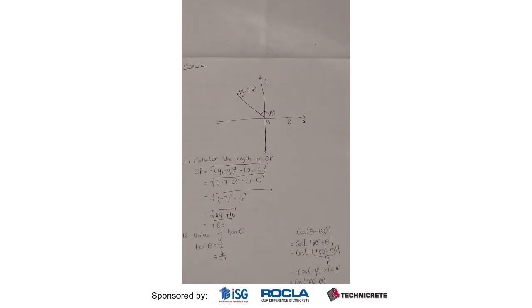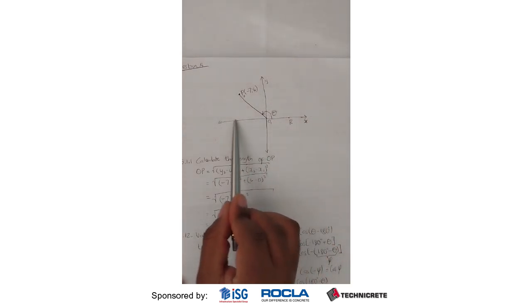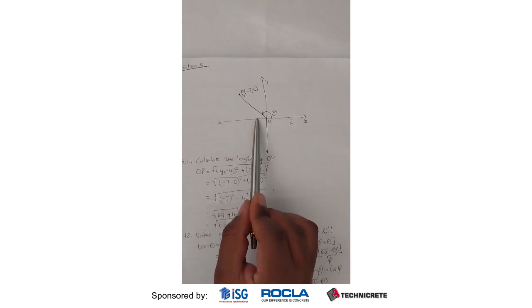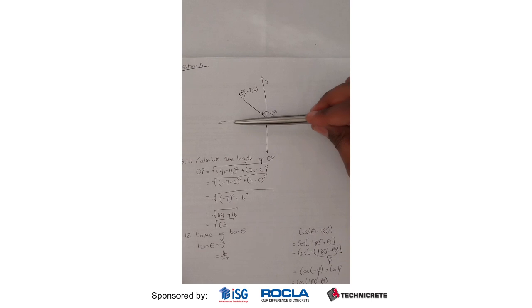Now, cos of 180 minus theta, we're going to use reduction angles. In which quadrant is 180 minus theta? This is our 0, our 90, and then our 180. 180 minus theta falls in the second quadrant because it's 180 minus.